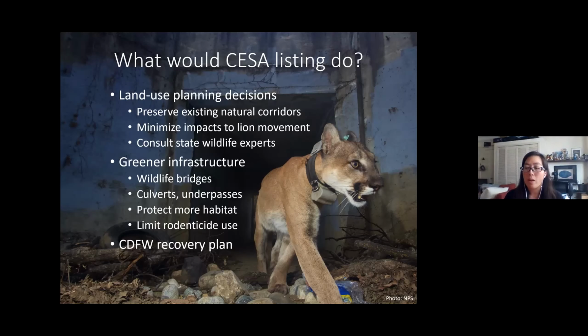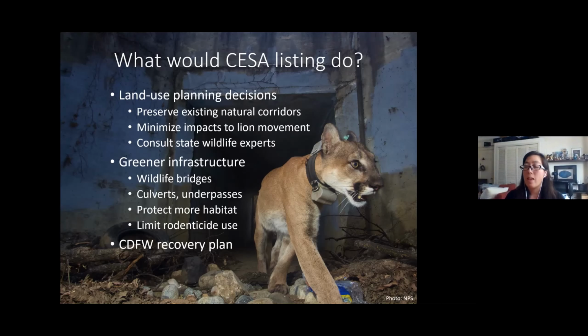And it would require developers to consult with state wildlife experts to determine how to best minimize those impacts to lion movement. It would also encourage greener infrastructure. So kind of what we've been talking about this whole time, with more wildlife bridges, more culverts and underpasses, more protected habitat. And it would also encourage limited use of rodenticides.